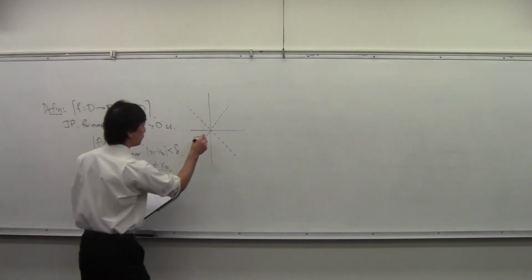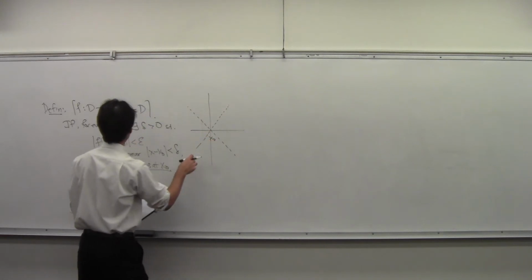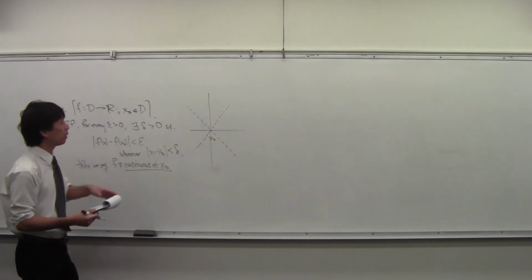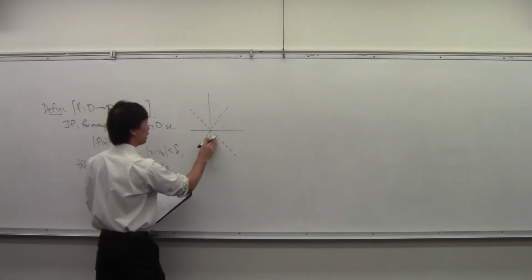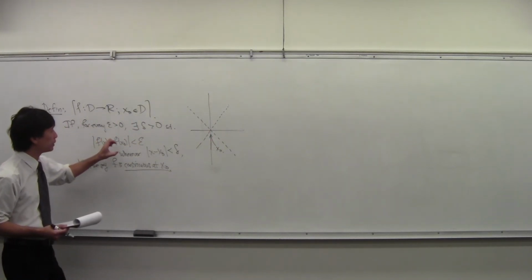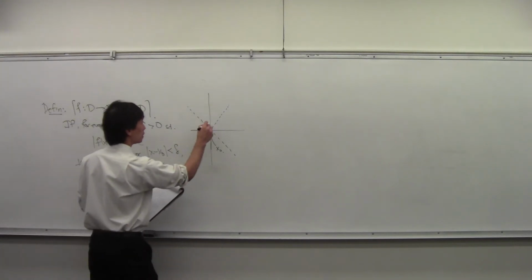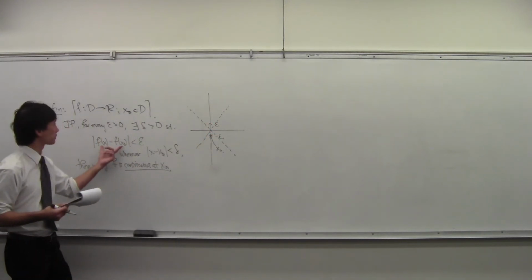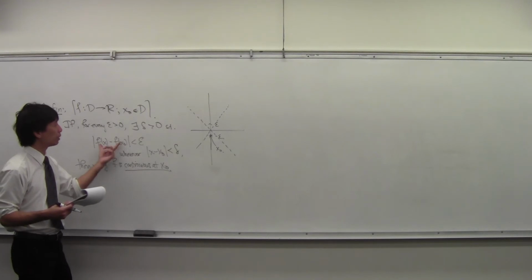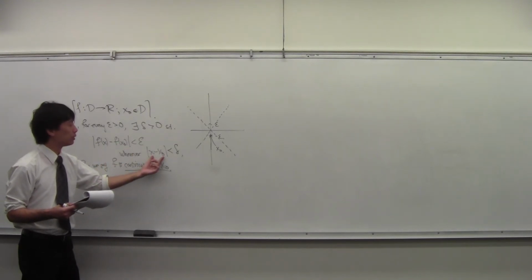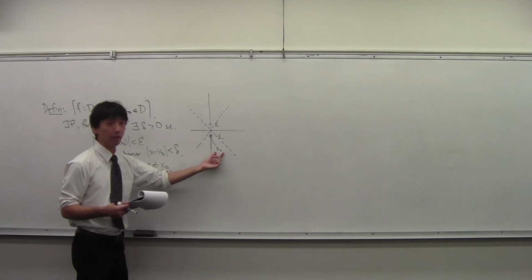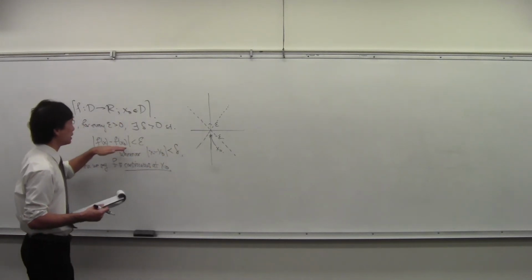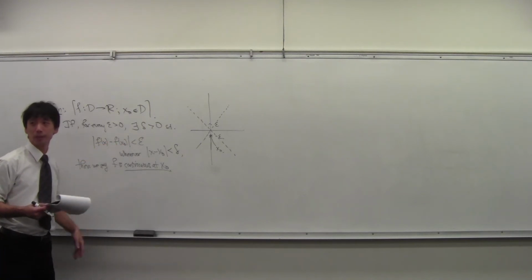We say it's continuous at x naught if, whenever somebody gives us an epsilon, so our x naught is here, you can find a delta so that everybody within delta of x naught has an output that's within epsilon of f of x naught.